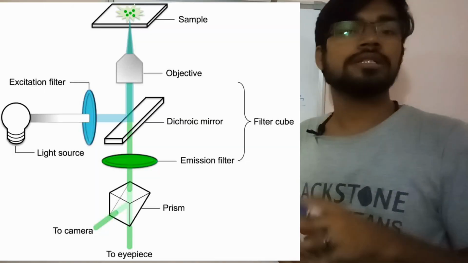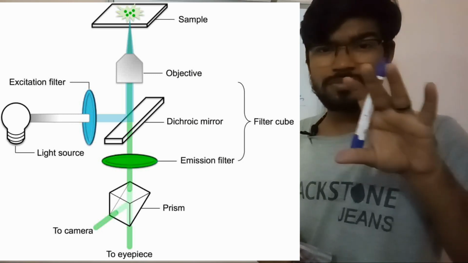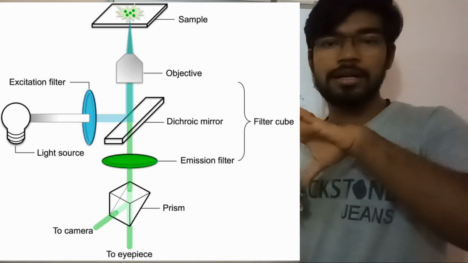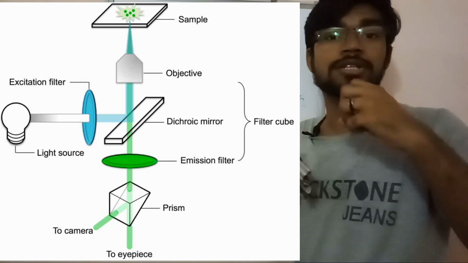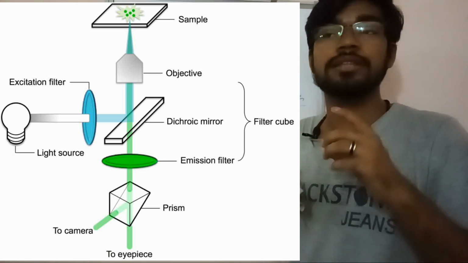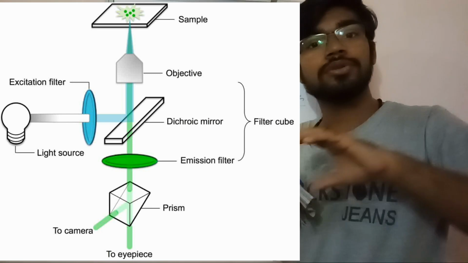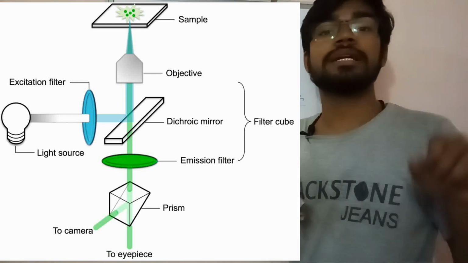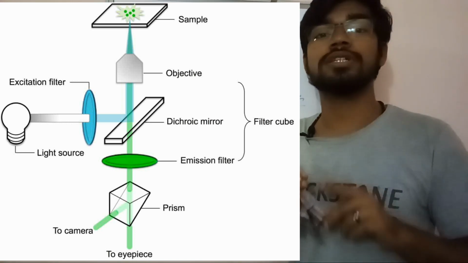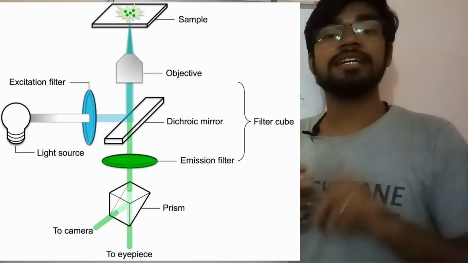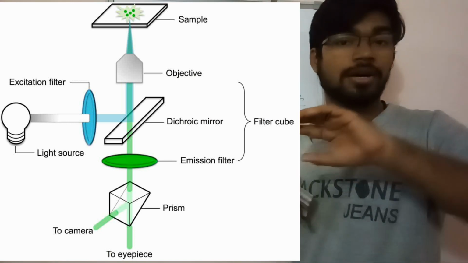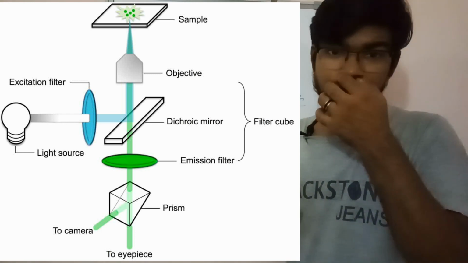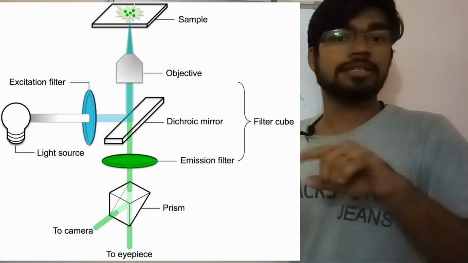As you can see in the image, the arc lamp produces radiation. This radiation is passed through the excitation filter, so it is reduced and the specific wavelength is passed. This monochromatic light is passed to the dichromatic mirror, which has two functions: reflection and transmission. It reflects a specific wavelength light through the objective lens onto the object.